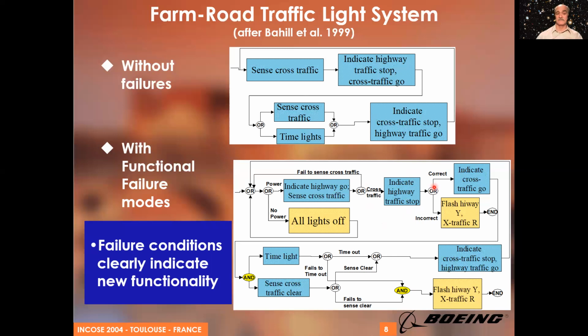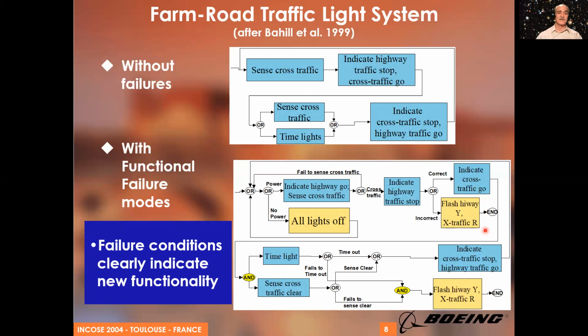Well, then what do we do? Well, under normal conditions, then we indicate cross traffic go. But if the highway traffic hasn't stopped, we ought not to indicate that the cross traffic is allowed to go, because that would be dangerous. So we might have a common failure condition when anything goes wrong while powered, flash the highway traffic yellow and the cross traffic red.